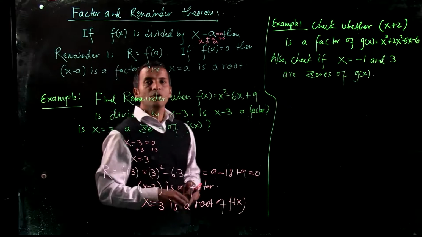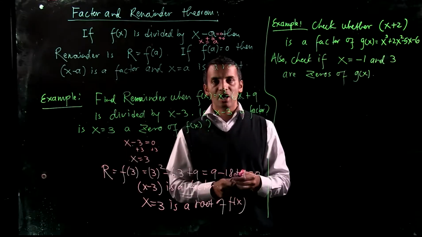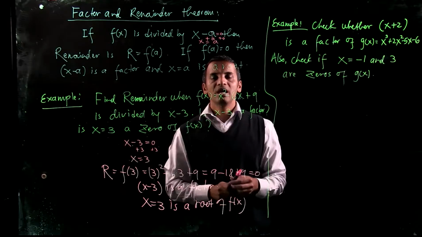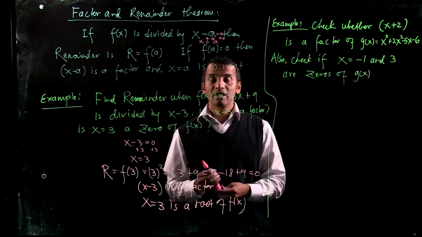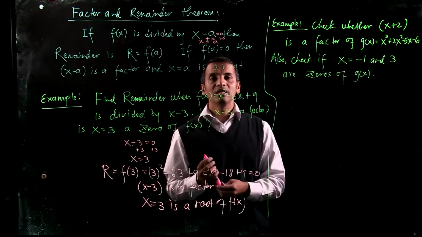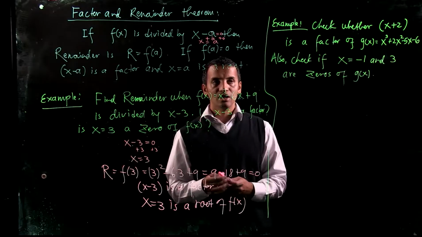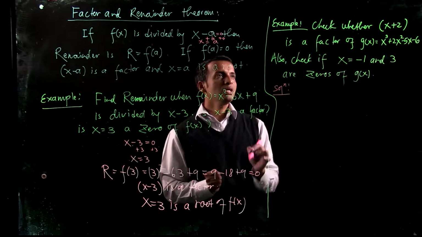So basically, if you want to test whether a number is a root or not, you just plug that number into the function, and that is basically the remainder. If you get the remainder 0, then that is a factor and that number is a root, otherwise it is not.